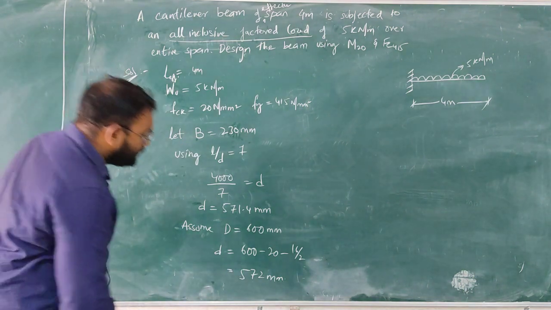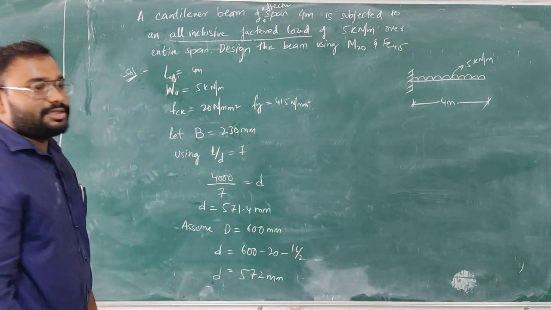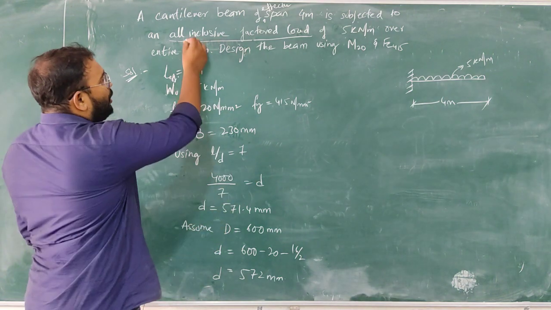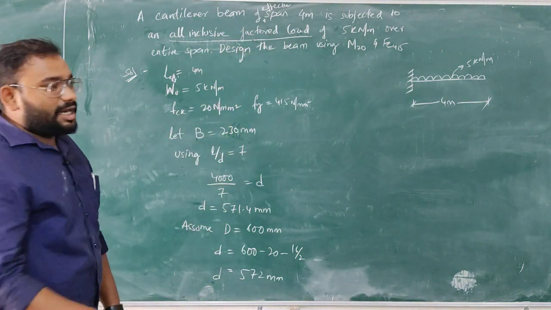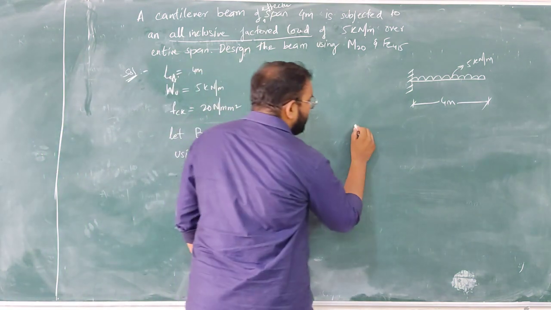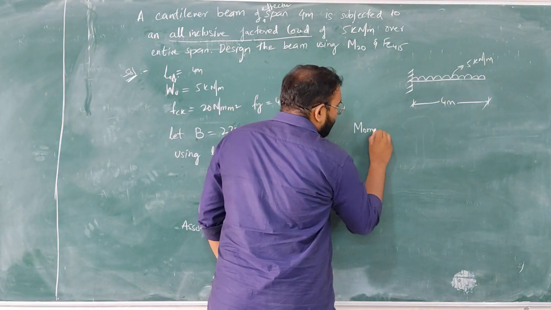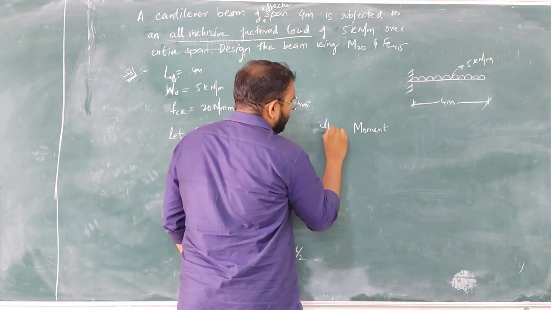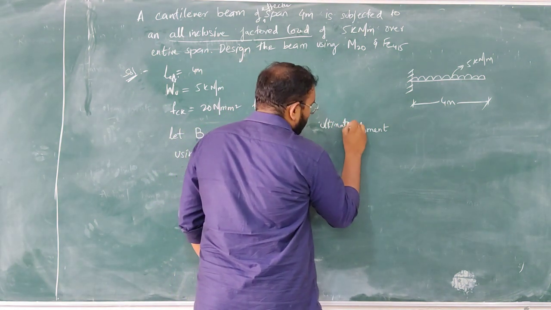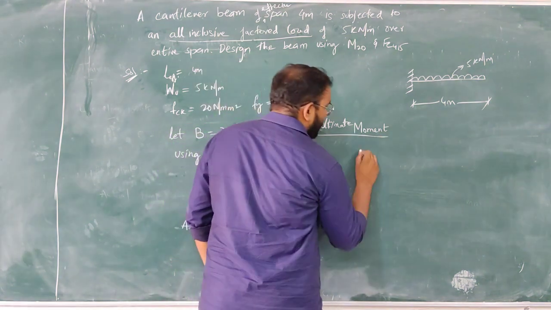What is your next step now? Load calculations you need not do here, because this is all-inclusive factored load directly given to you. You directly skip that step. Next you need to calculate the ultimate moment.